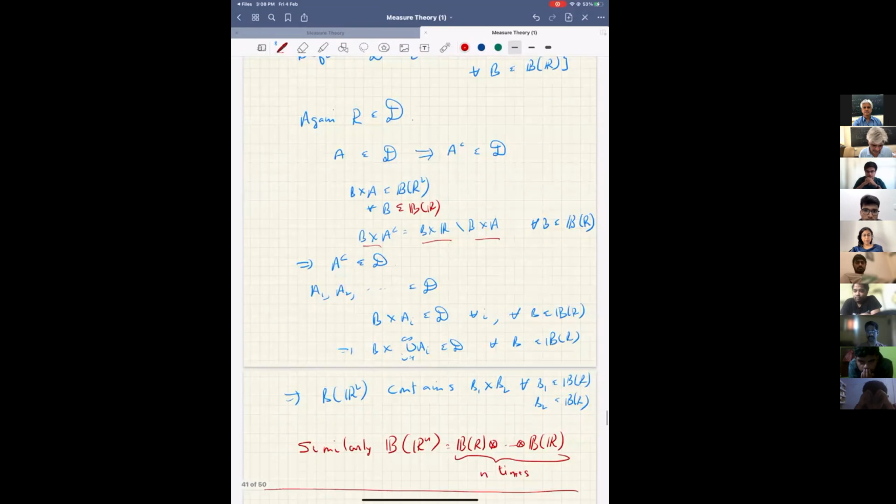And now we are doing exactly the same thing, A1, A2, and so on. So B cross Ai is in D for all i, for all B in B(R).